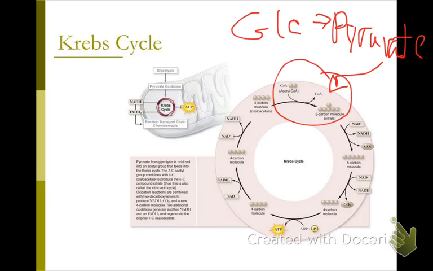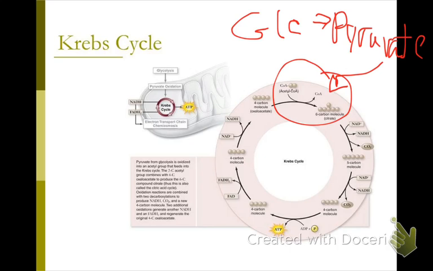Now, where are we in the cell? In the mitochondria. We have gone through 2 membranes of the mitochondria and into the inner membrane, which is within the folds of the mitochondria. Again, these 2 acetyl groups are combined with the 4-carbon, which is called oxaloacetate.